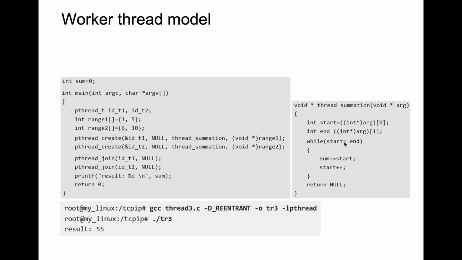That means 1, 2, 3, 4, 5, and then at 6 it will finish. So the sum will be incremented by 1, 2, 3, 4, 5. That means the sum will have the value of the sum from 1 to 5. And then the next one will be the sum from 6 to 10.